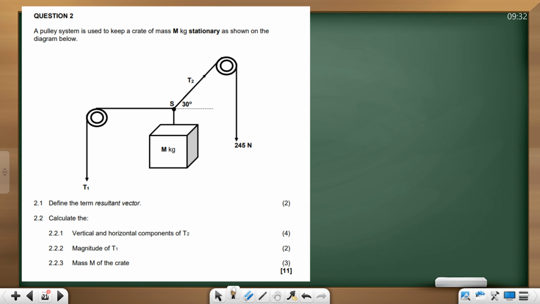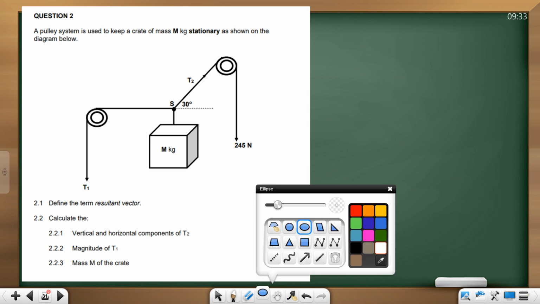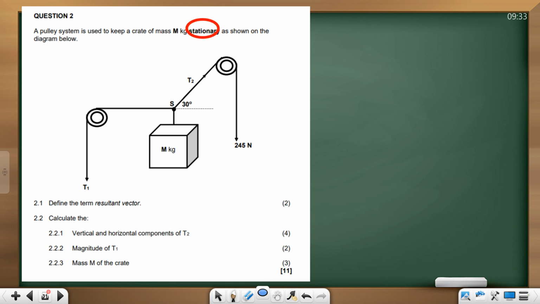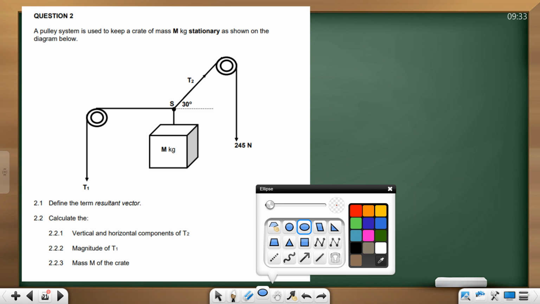11 marks for free. A pulley system is used to keep a crate of mass M kg stationary. That word is not new to us now. I gave you the implication of that word stationary.